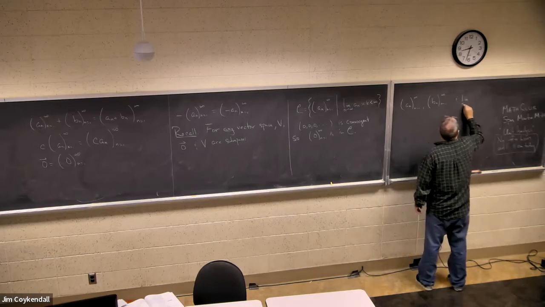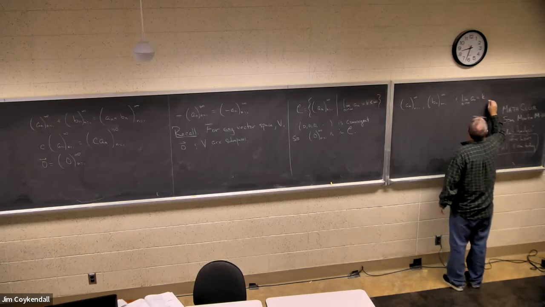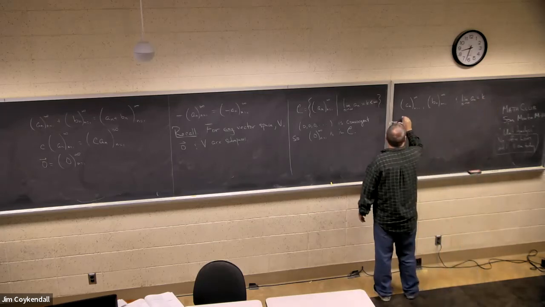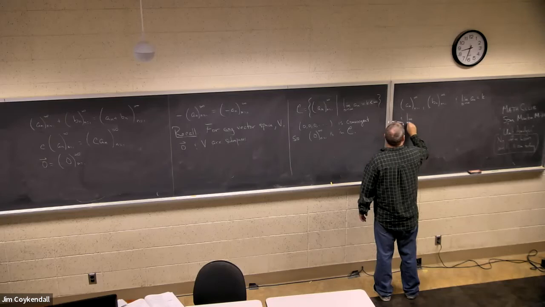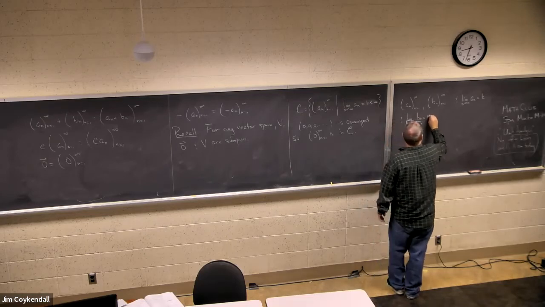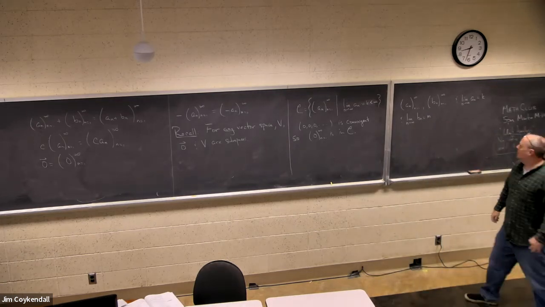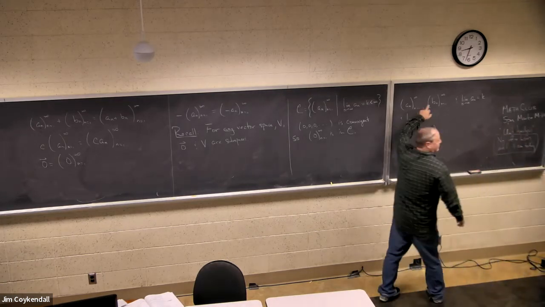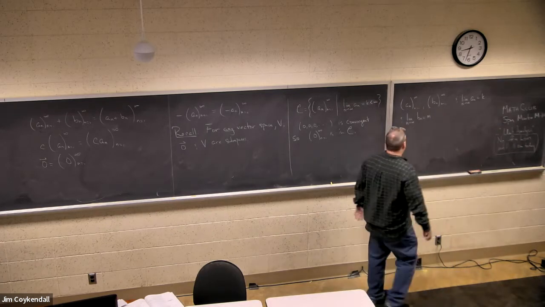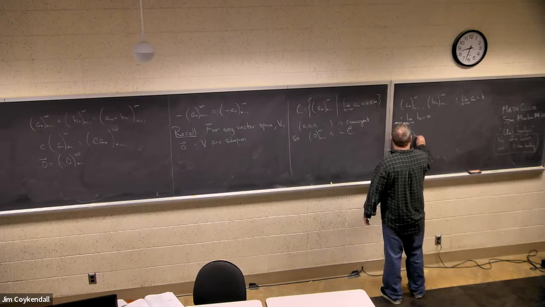The limit as n goes to infinity of a_n is k, and the limit as n goes to infinity of b_n is m. Is the sum of these convergent? Look at this sequence here.